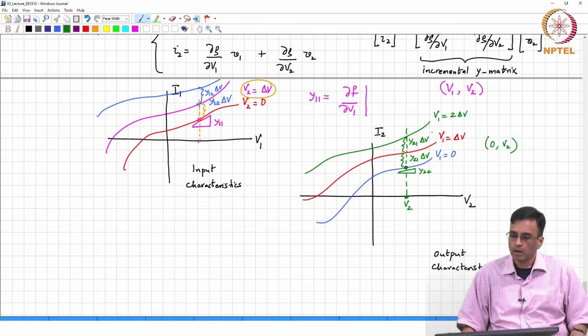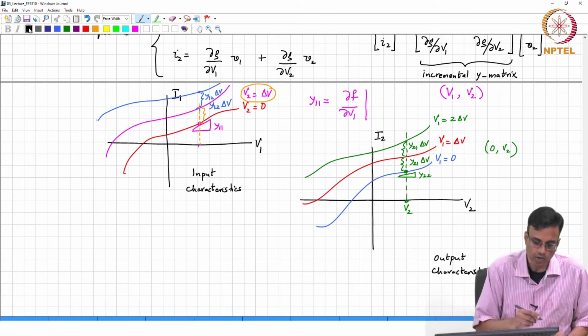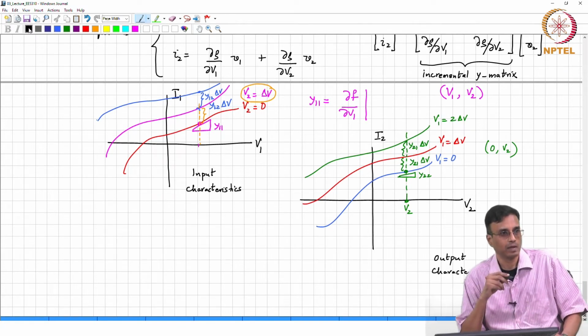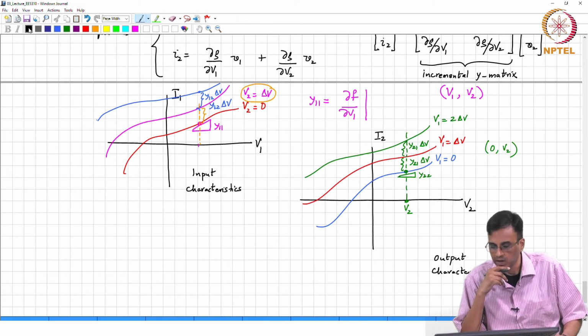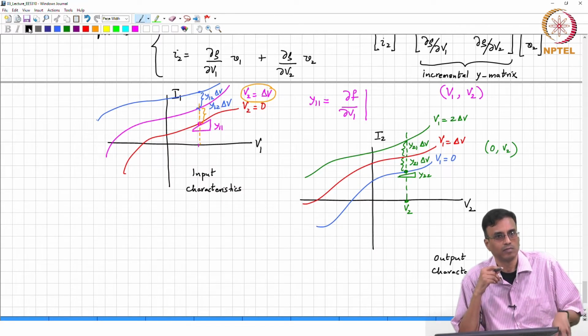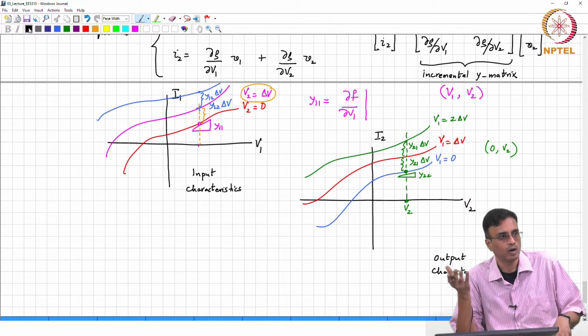Okay. All right. So, the next thing that I would like to draw your attention to is the notion of what a passive element is, right. When we looked at a two terminal element, we said that for a two terminal element to be passive, the product of voltage and current must be always greater than or equal to 0, correct. Now we have a two port, what comment can we make?